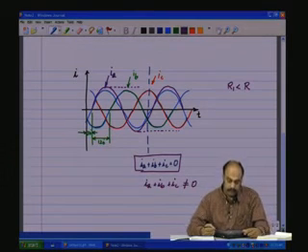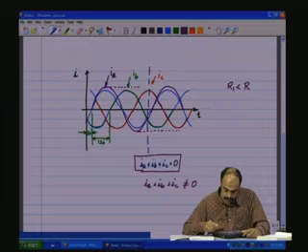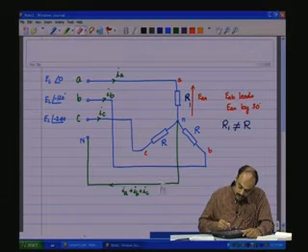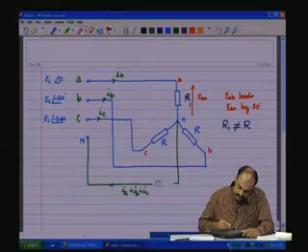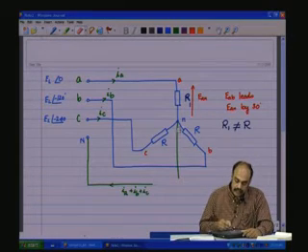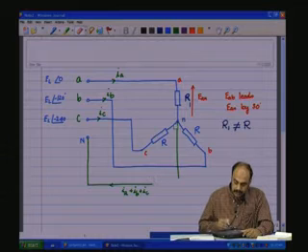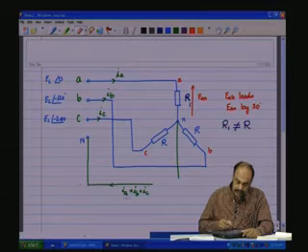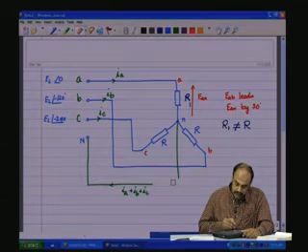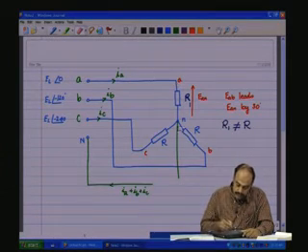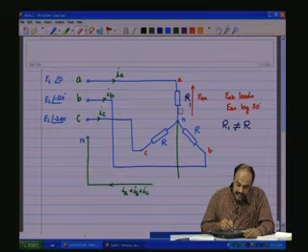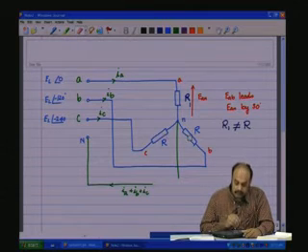Now, suppose in the circuit we are not connecting the neutrals of the source and the load, then there is no path for IA plus IB plus IC to flow in this return path, that is the neutral line. So, therefore, what happens at the summing point junction, Kirchhoff's current law states that the sigma IA plus IB plus IC should be equal to 0, which means the excess current should get divided into the other two phases.